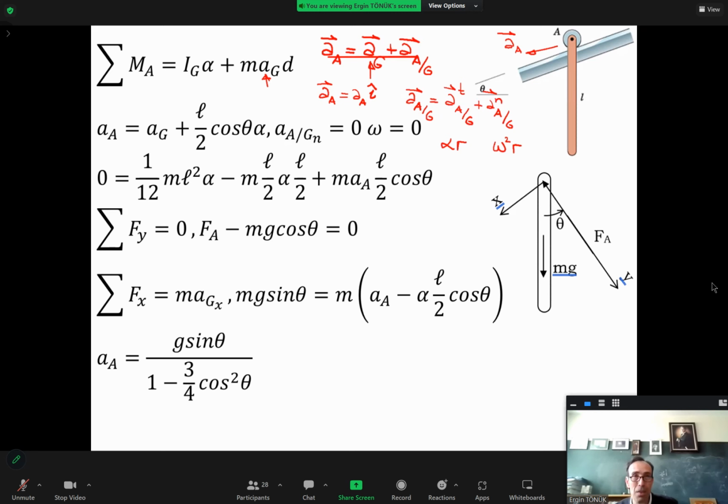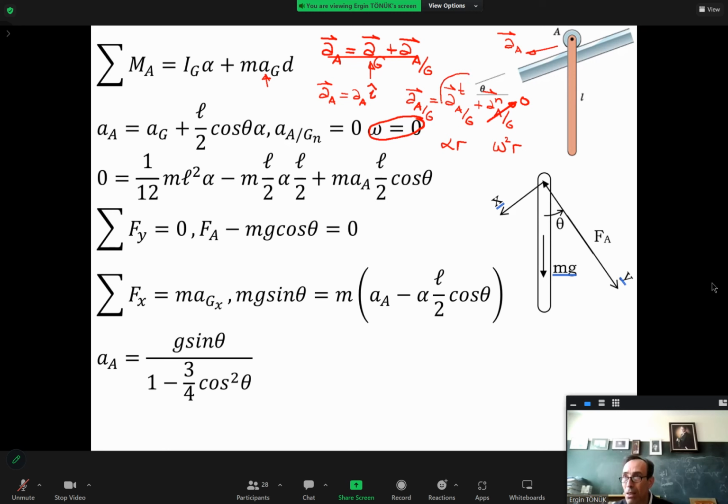But if the rod is released from rest, at that instant, what is omega? It's 0. Am I right? Because it's released from rest. So this normal component drops. What I'm left with is just the tangential component, okay?